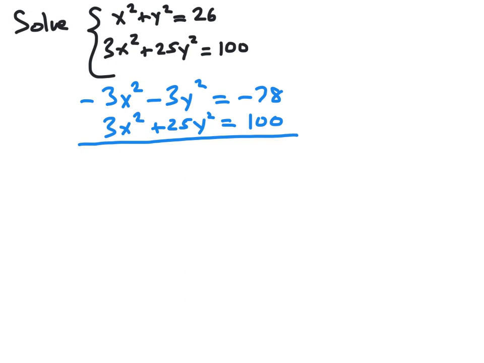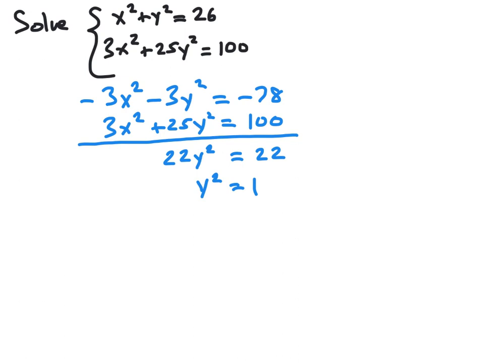All right, so the negative 3x squared plus 3x squared will become 0. We have negative 3y squared plus 25y squared, which will yield 22y squared. And we have negative 78 plus 100, which will yield 22. And so this equation results in 22y squared equals 22. Dividing by 22 gives y squared equals 1.